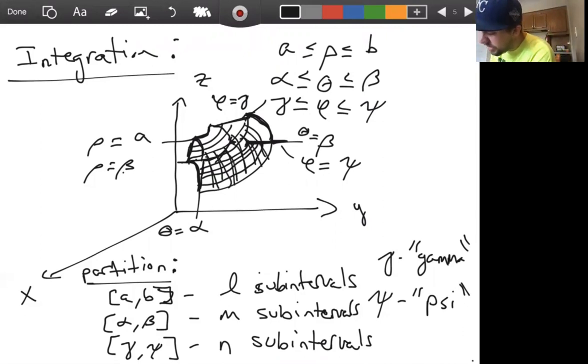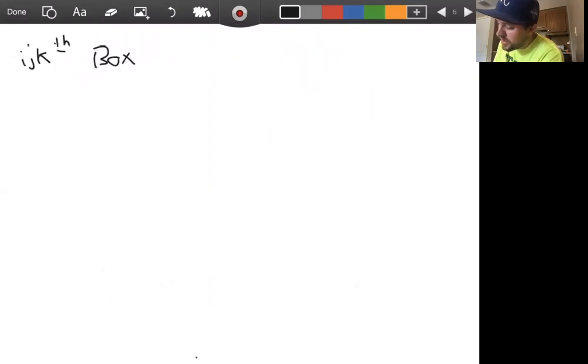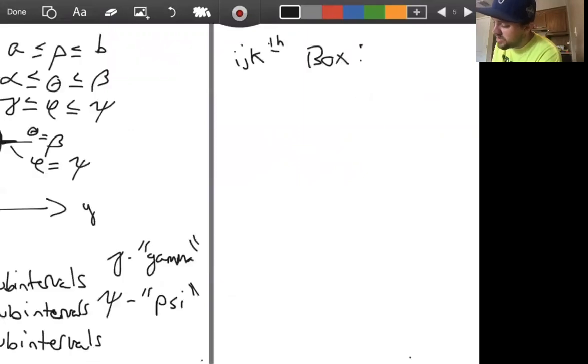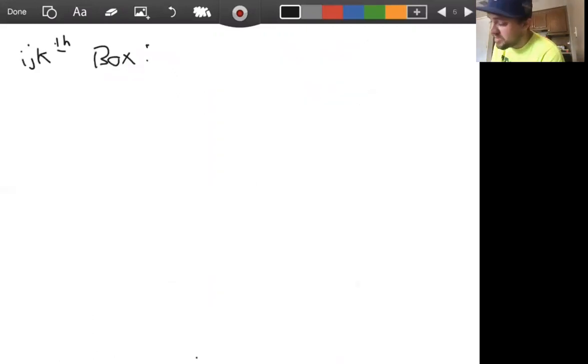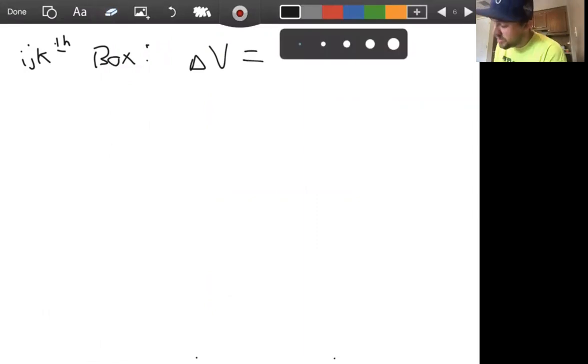And then we're also chopping up the phi into smaller increments, and it's kind of hard to picture here, but then we get the ij kth box, right? Somewhere in here, we have b ijk, and we want the volume of this ij kth box, which we'll call delta V, is going to be something.